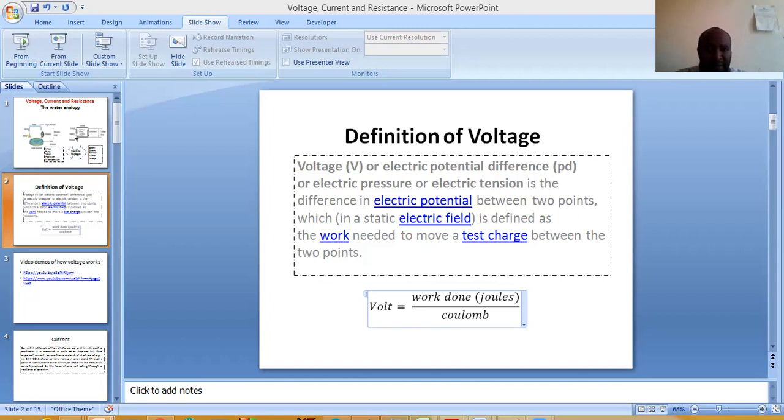Next, we have electrical resistance. Electrical resistance you want to define as the opposition to the flow of current. Now, in the water analogy, when water is flowing through a pipe, if you have a very thin pipe, then water flow will be restricted, and that represents a resistance.